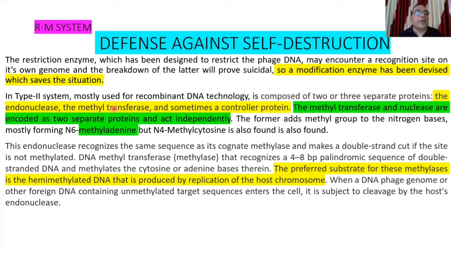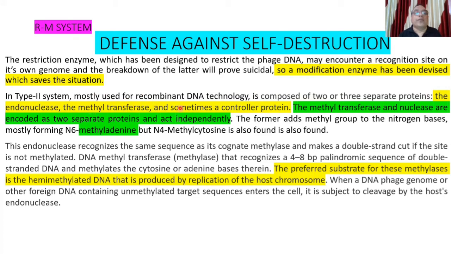Here, the methyltransferase is not a part of the enzyme itself, as we have seen in the case of type 1 and type 3. Another enzyme, a cognate or sister enzyme, carries out the methylation of the nitrogen bases.